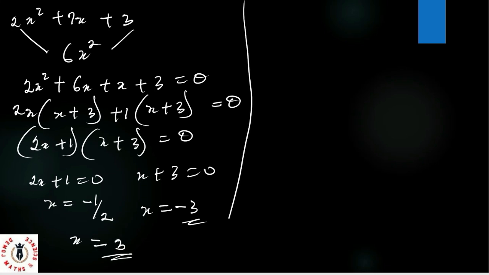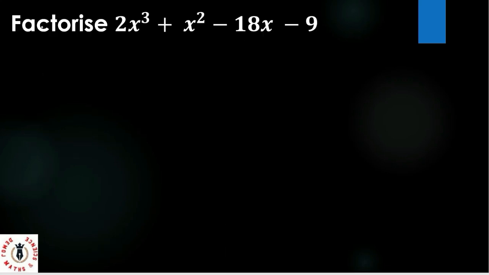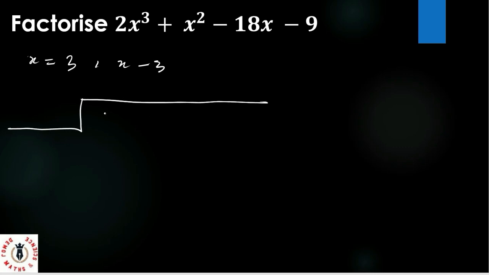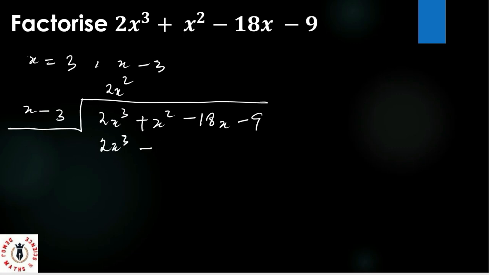Let's try the conventional long division method. Now, for our conventional long division method, remember we got our first x to be equal to 3, so that x minus 3 is a factor. Now, let me divide using the long division method. This is 2x^3 + x^2 - 18x - 9, and here is x minus 3. x into 2x^2 gives 2x^3. 2x^2 times x minus 3, that's 2x^3 minus 6x^2.